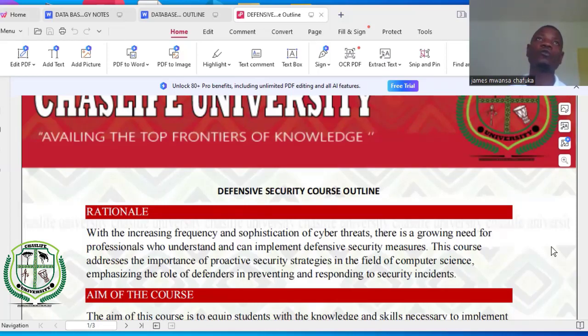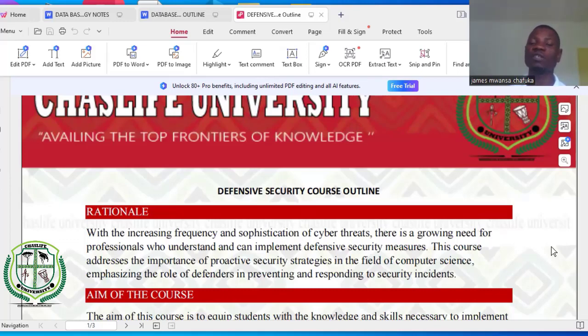So just to go through the rationale of defensive security again: with the increasing frequency and sophistication of cyber threats, there is a growing need for professionals who understand and can implement defensive security measures.